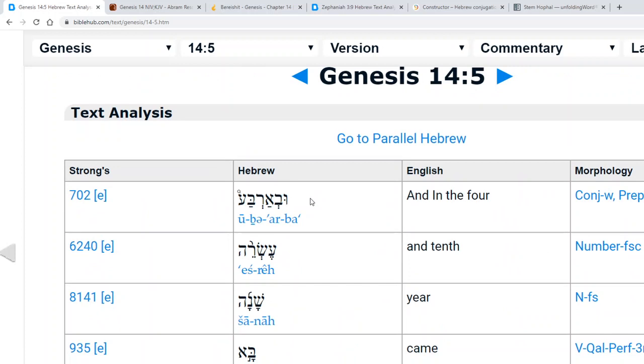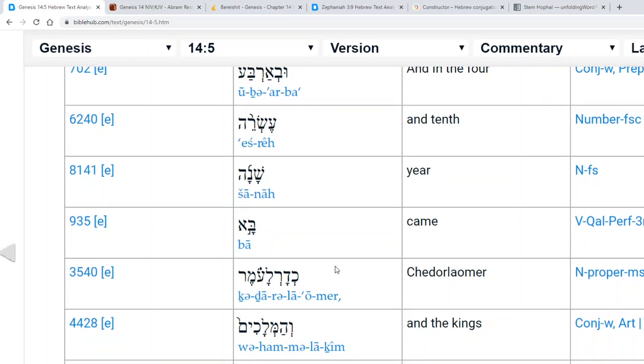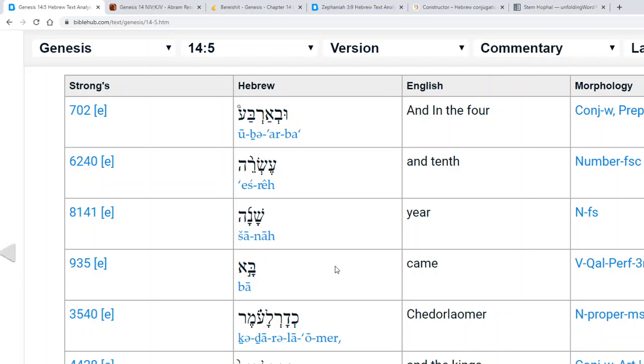Yeah, I guess I see it a little bit more, that you could say 14th year, because of the uve, and in 14 years. But if I'm translating it myself, I would say, and so they 12 years served him, and 13 years they rebelled against him, and for 14 years they did, Bam Kedorlaomer v'hamlachim, right? So that's what makes sense to me. Okay.